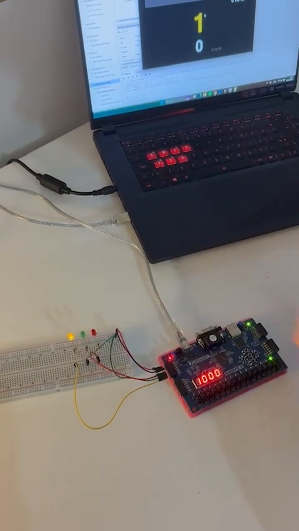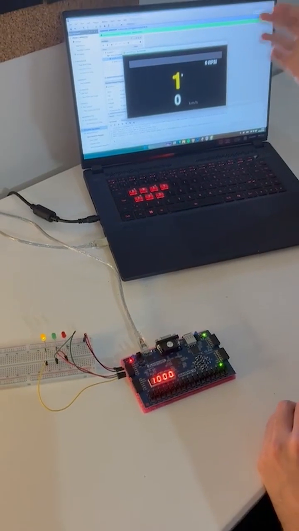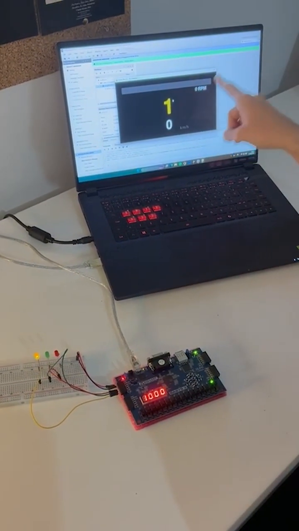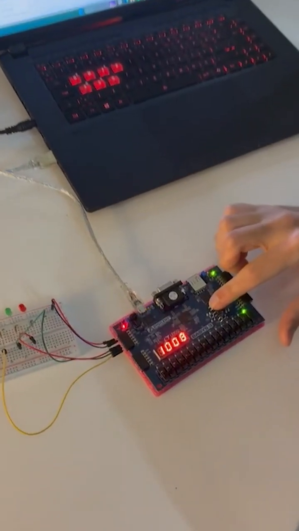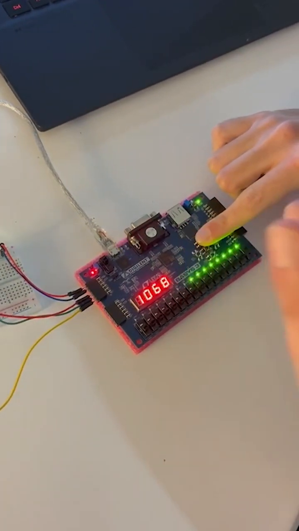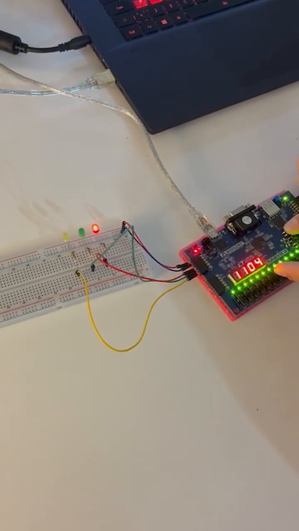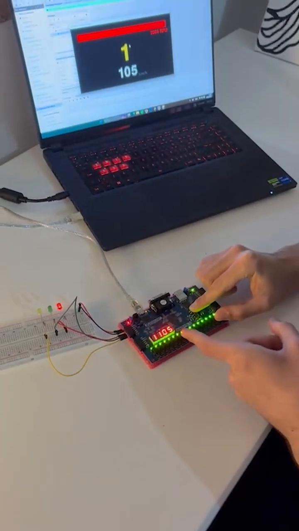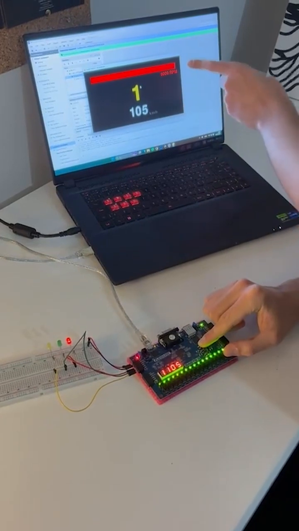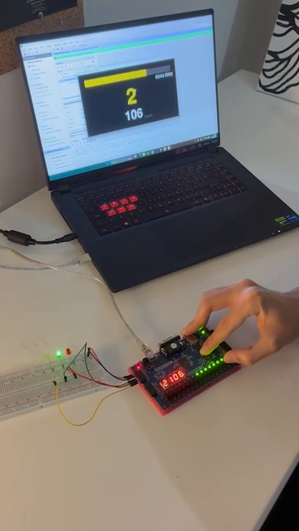When it hits the red LEDs, it is a warning that we have to gear up, and we can also see it on the RPM bar. So it hit the red bar and stopped at 105 kilometers per hour, and the RPM is stuck at the end of the bar. So we're going to gear up.